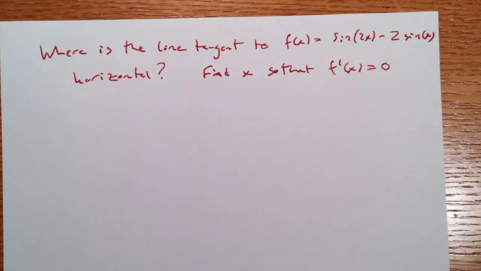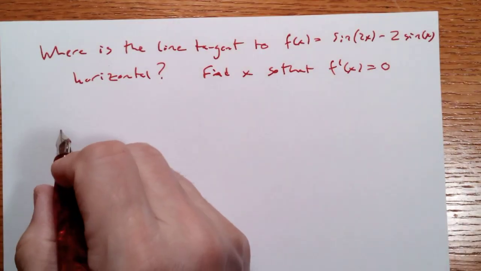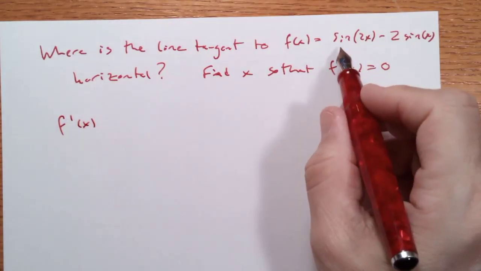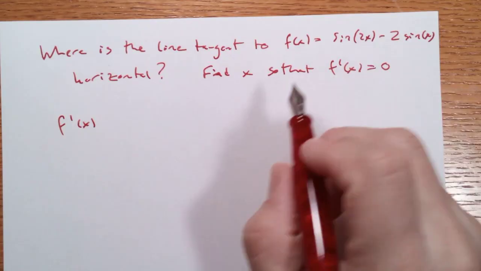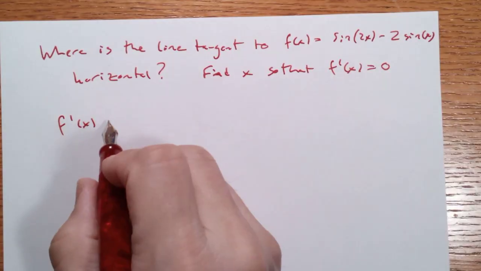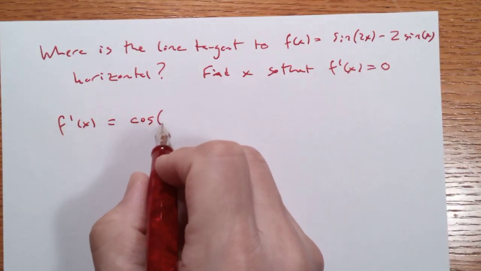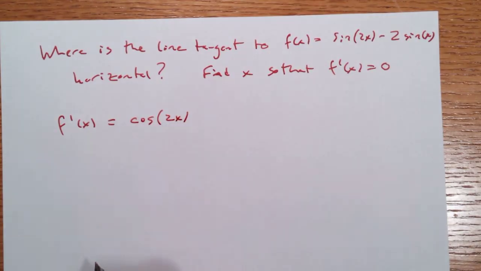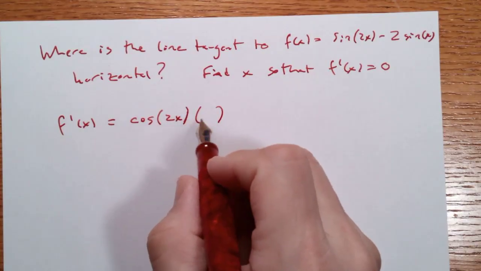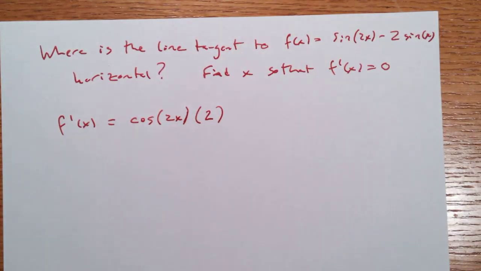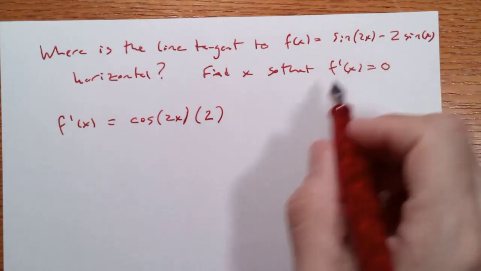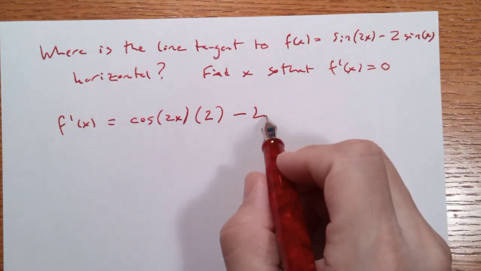So I need my derivatives. Let's take a derivative, f prime of x. The derivative of sine of 2x: there's my chain rule, outside, inside. The derivative of sine is cosine. But wait, there's more. What goes there? The derivative of the inside. This 2 is being multiplied, so it stays there.